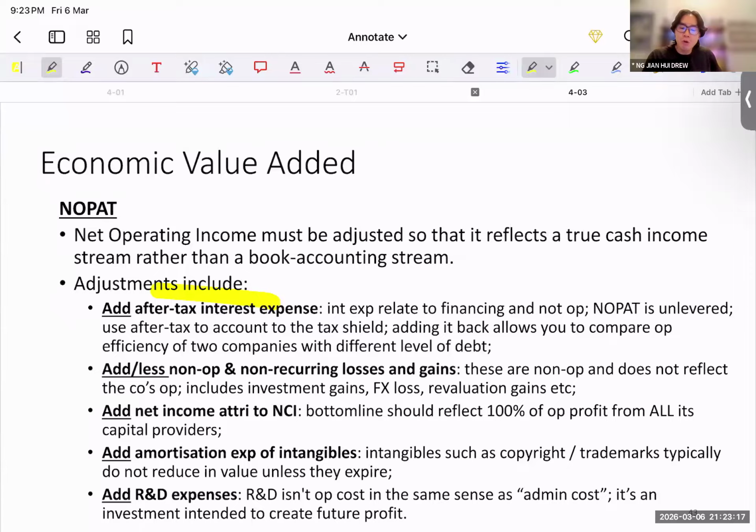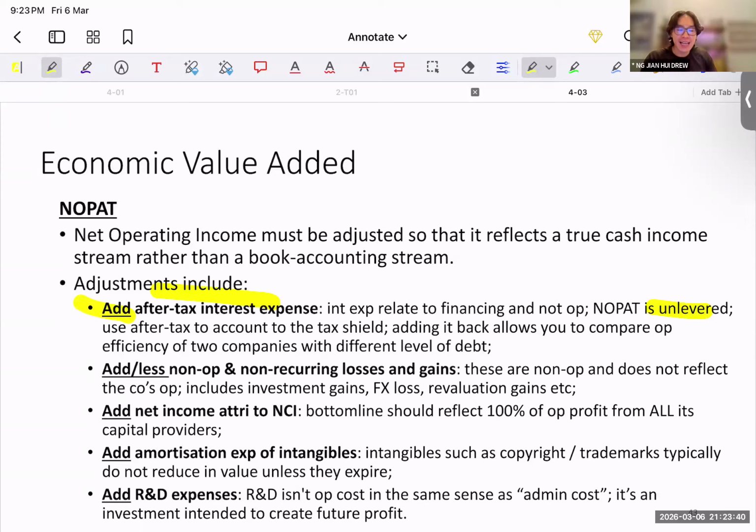So in most cases, our NOPAT will be unlevered. When we say unlevered, I know some of you have taken your corporate finance course where you talk about unlevered beta. Similarly, for NOPAT, it is unlevered NOPAT. So you remove your interest expense by adding it back.